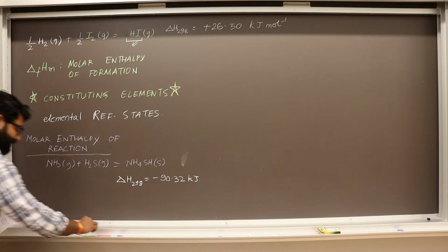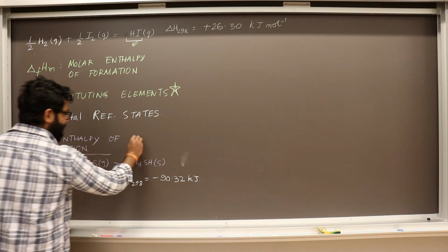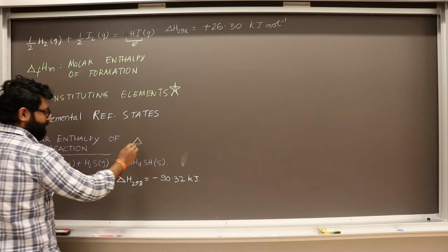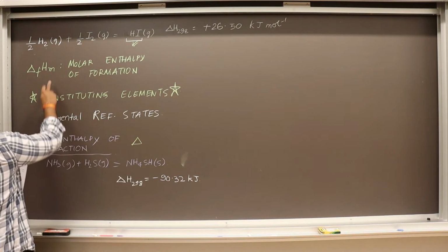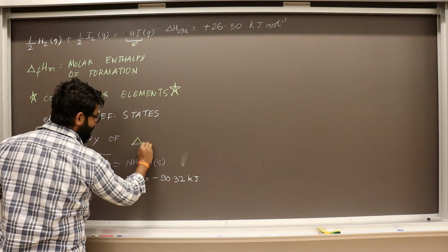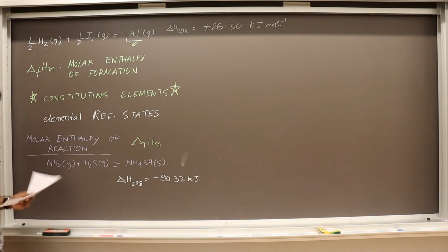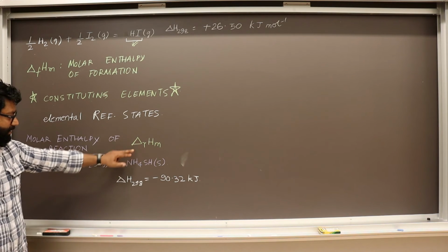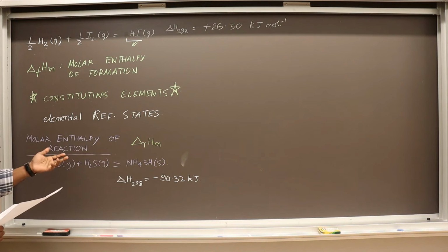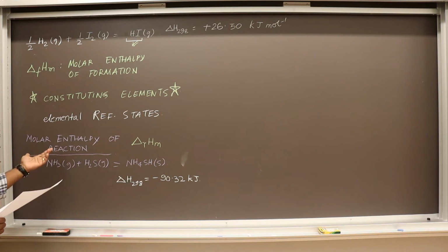Let's give it a symbol like we gave for the others. F was for formation, R is for reaction. So this is basically this. Now you can have different kinds of reactions in here.